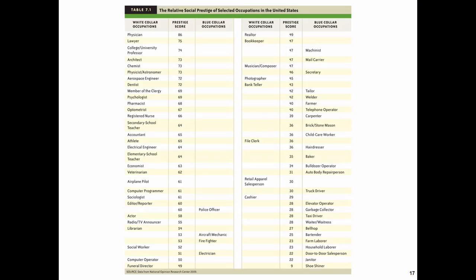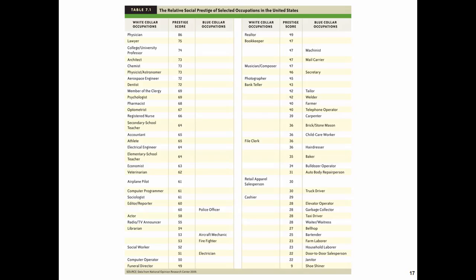Here we have a table, table 7.1, that illustrates the difference between wealth and prestige. So we see at the middle bottom of that list, imagine this as two lists put together, with that second column that says 49 would be directly under the first column that also says 49 at the bottom.